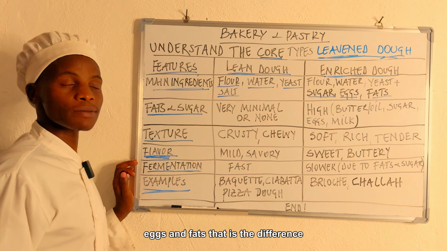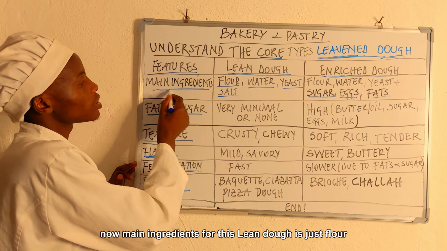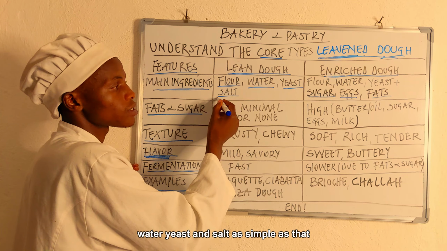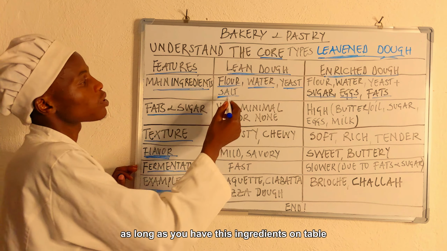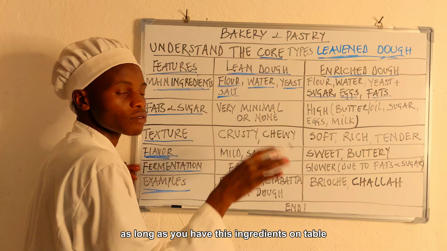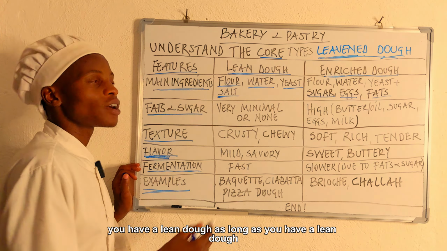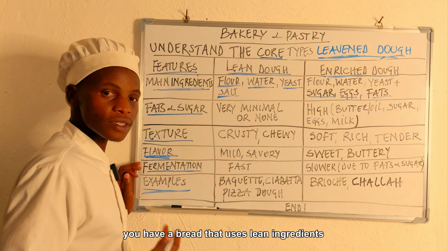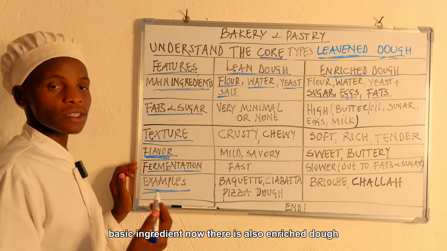That is the difference. The main ingredients for lean dough are just flour, water, yeast, and salt. As simple as that. As long as you have these ingredients on the table, you have a lean dough, a bread that uses basic ingredients.